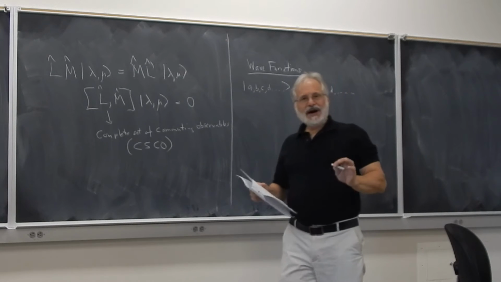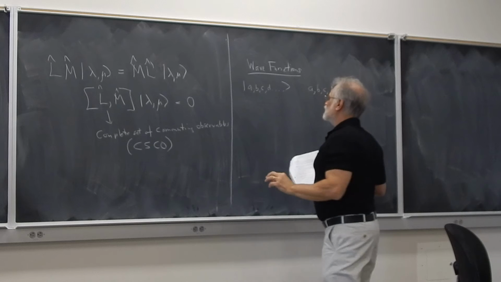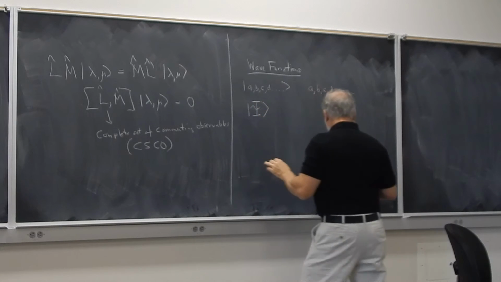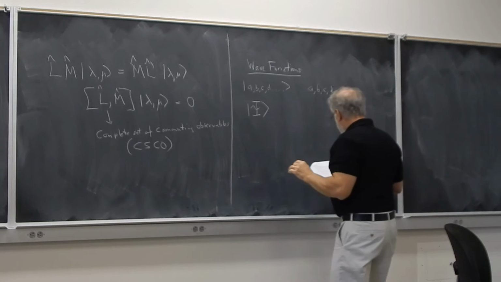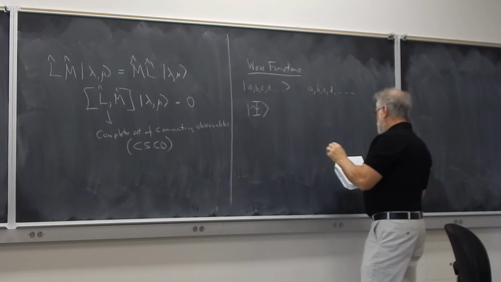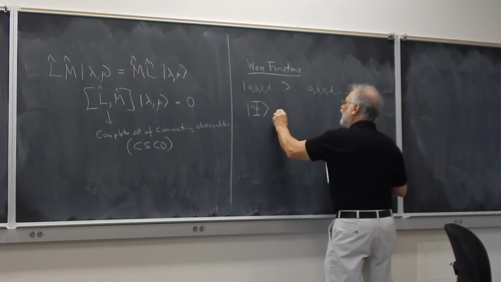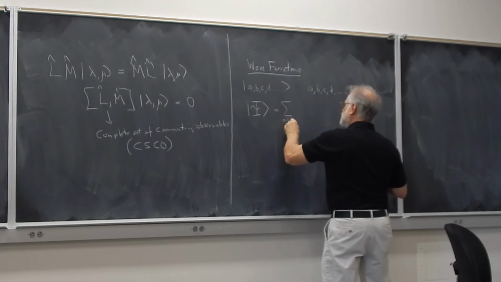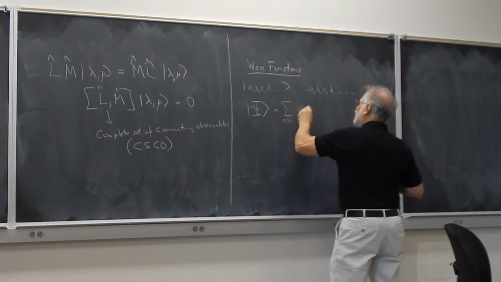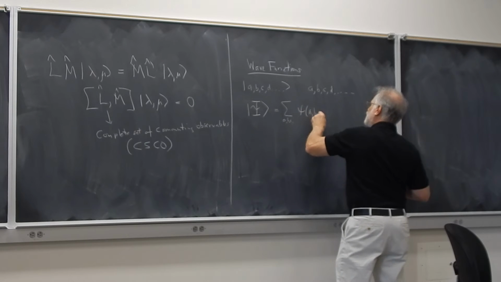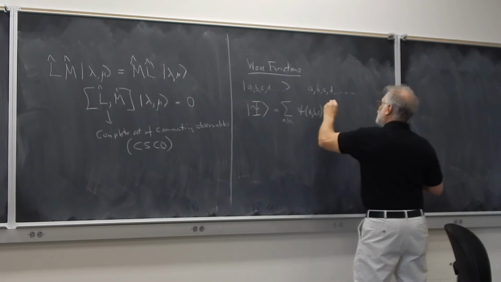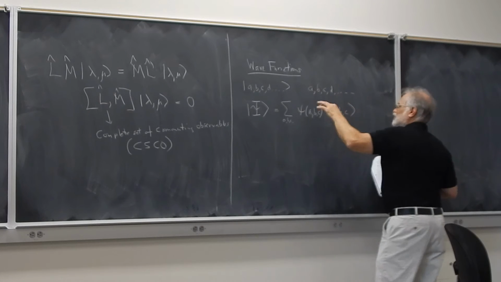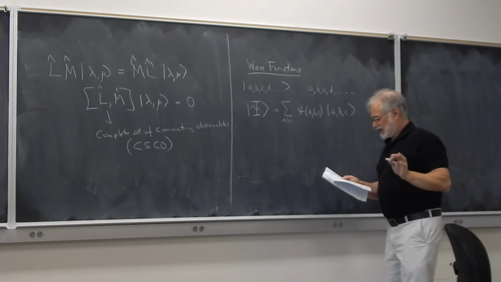If I have any arbitrary state vector, psi, I can expand that state vector in terms of those basis vectors. So I can write psi as the sum over A, B, C, etc. of psi of A, B, C times ket A, B, C, and of course we can go up as high as we want to go in the alphabet.